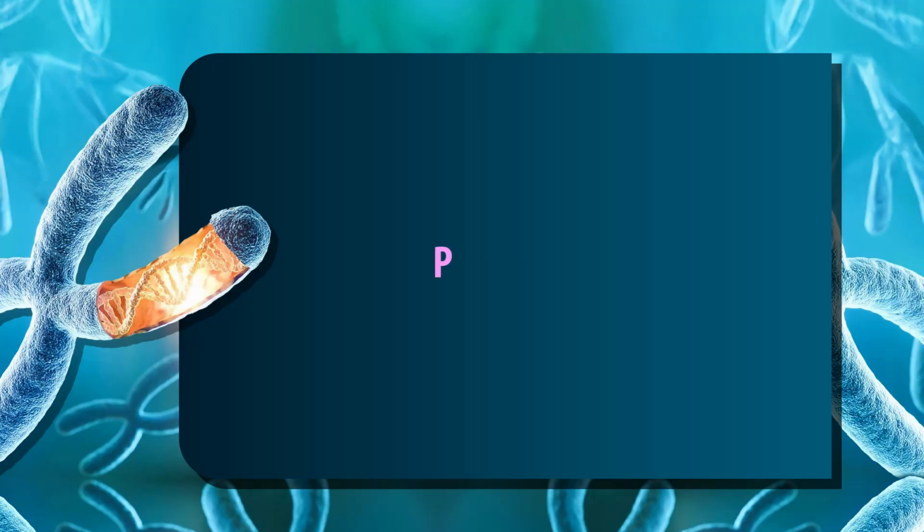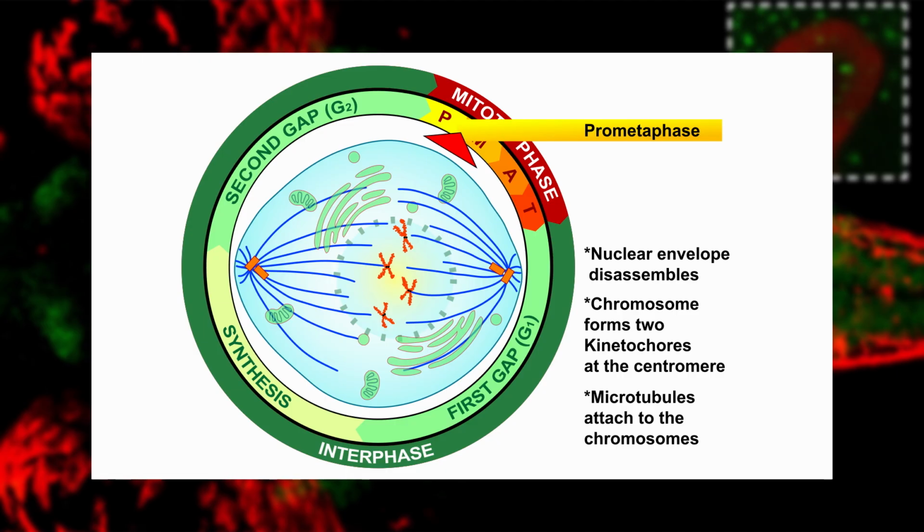The nucleolus disappears and the resources are restricted to division. Second is the prometaphase. In prometaphase, the nuclear envelope breaks down, enabling spindle microtubules to attach to kinetochores at centromeres. These attachments initiate chromosome congression towards the cell equator.